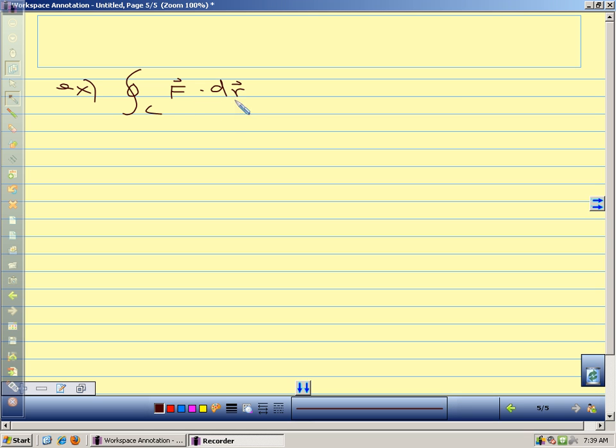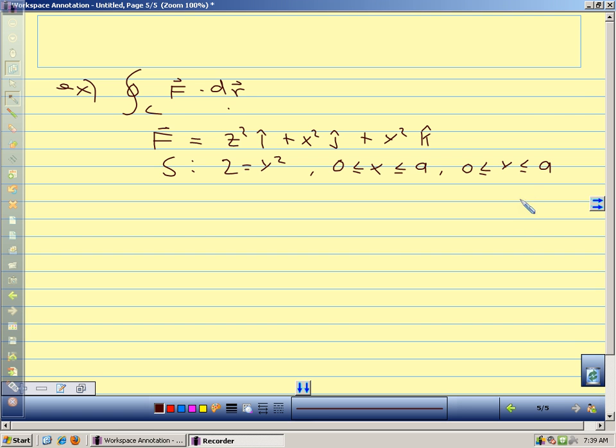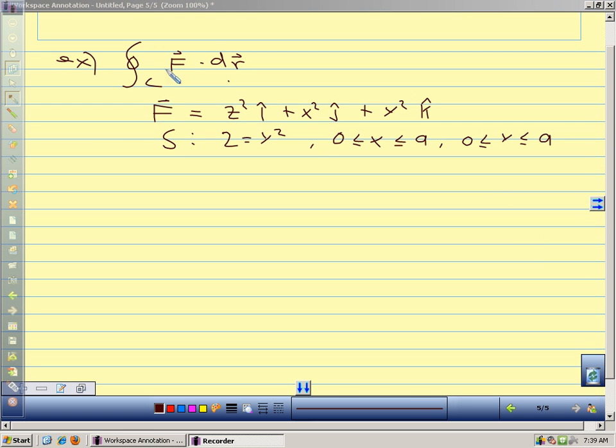We're looking for this line integral, where our field is z squared i plus x squared j plus y squared k, and our surface is given by z equals y squared, from 0 less than or equal to x less than or equal to a, and 0 less than or equal to y less than or equal to a. So we want to find this line integral.